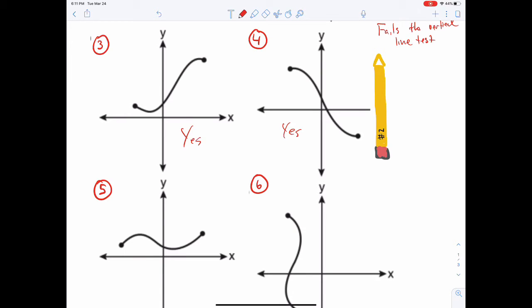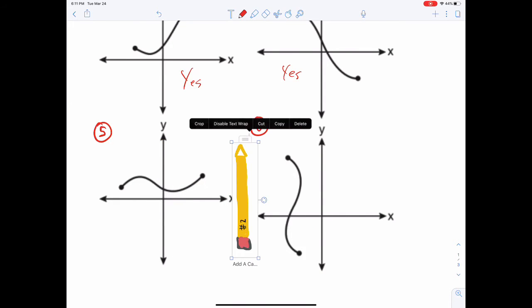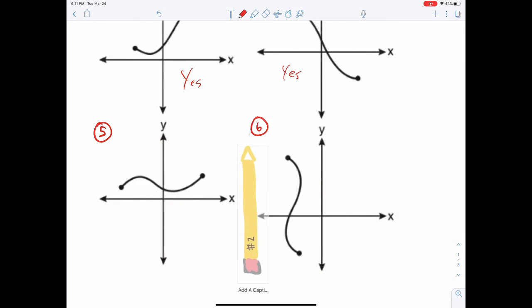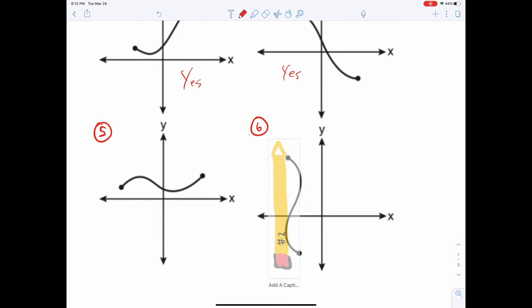And let's check 5 and 6 here. You move it across vertically. Yep, that one passes. And then this one here, if you move it across, we are definitely over more than 1 point.